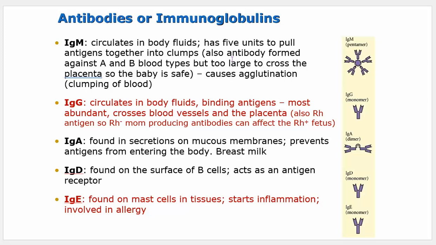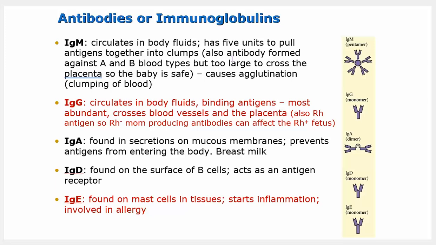Okay, IgG we just mentioned circulates in body fluids, binding antigens, so it's the most abundant. It does cross that placenta, which makes a problem for Rh negative mothers, because this one will attack that Rh group. If mom is negative and has not seen the Rh group of the fetus before, she may start to make antibodies if she gets exposed to it, especially at birth.